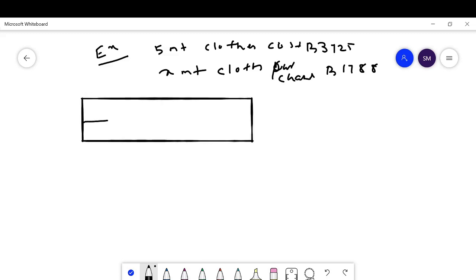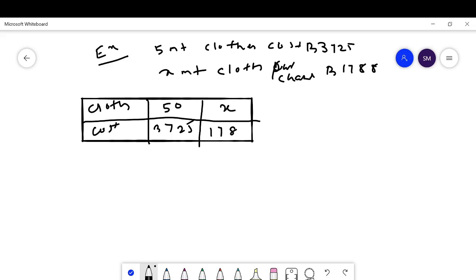When the amount of cloth increases, then the amount required to buy the cloth increases. This is also direct variation. Here the cloth and here the cost. 50 meters of cloth cost 3725. Then how many meters of cloth can be bought for 1788 rupees?